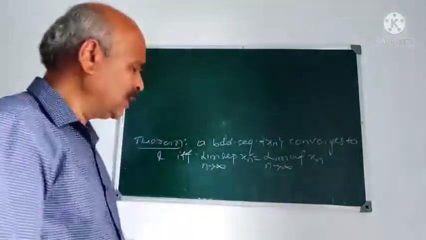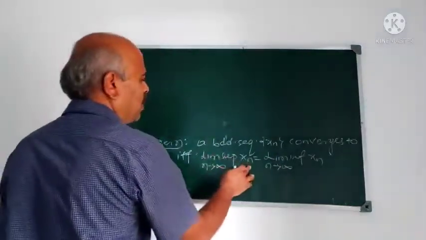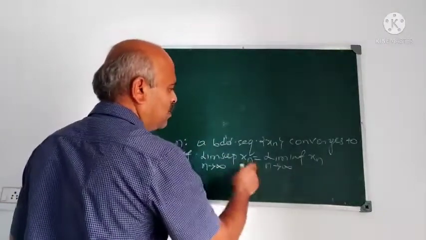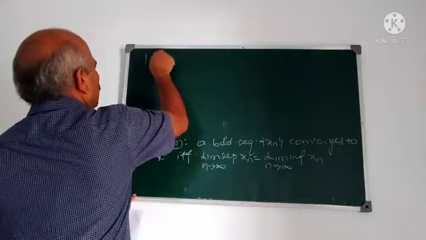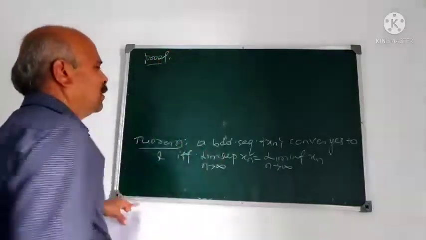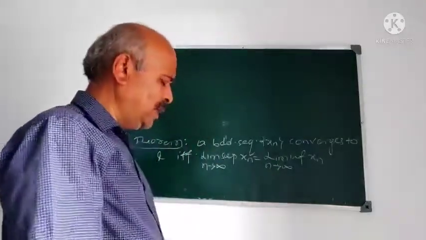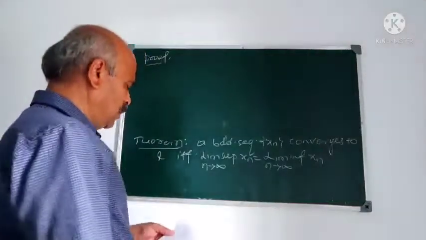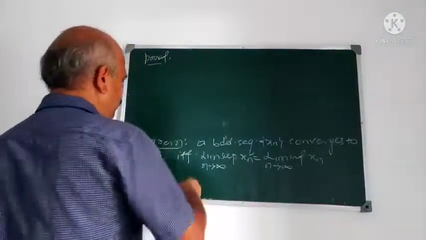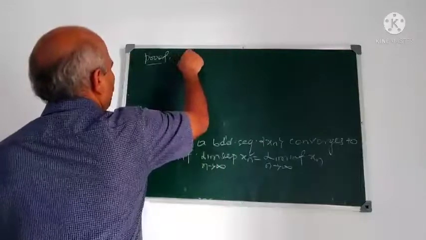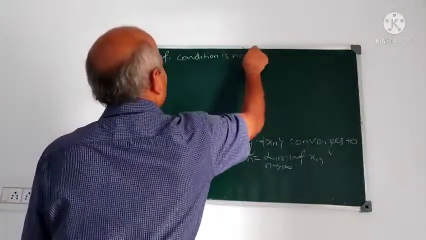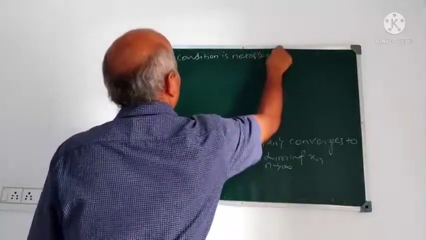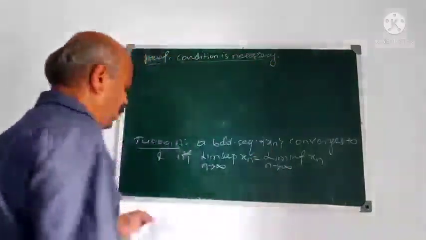Now, this gives the relation between the limit point of a sequence, limit inferior, limit superior, and the limit of a sequence. There are two parts here: if and only if. First, the condition is necessary, that is the if part.